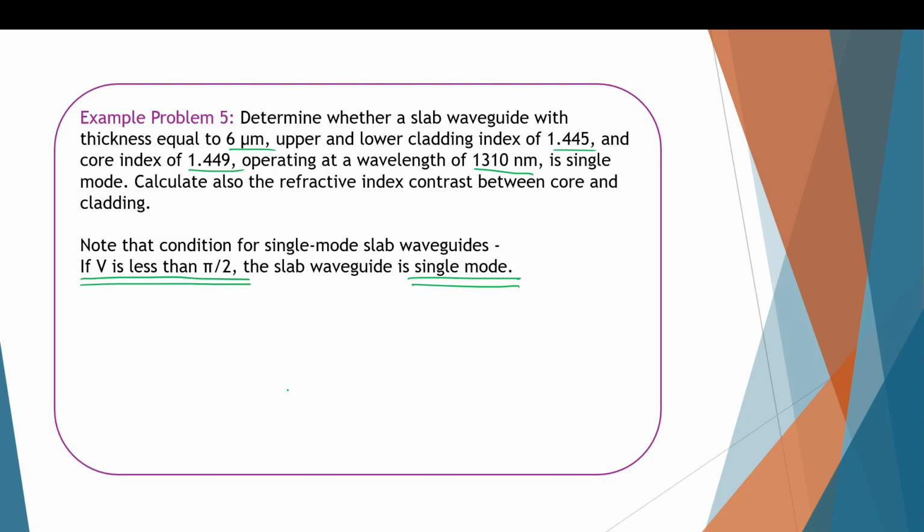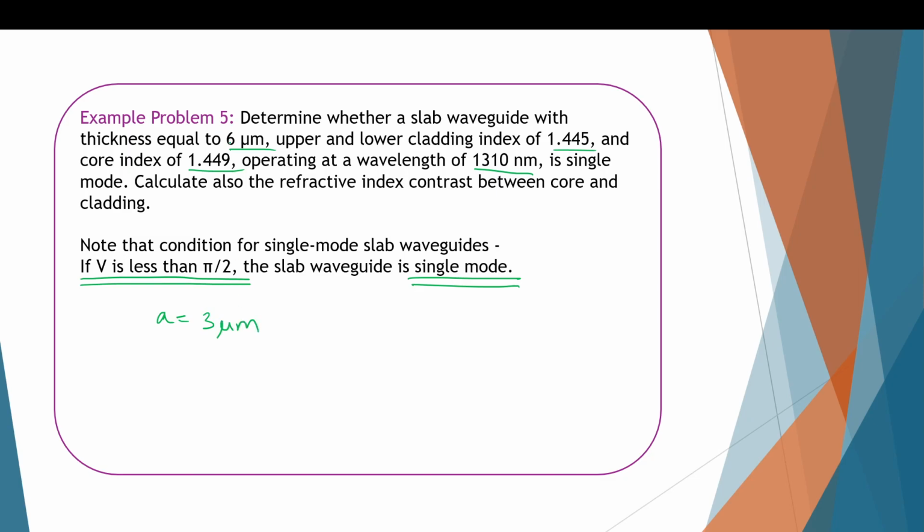The same thing that you did for the previous question, we have to do it here again. So just be careful here. A is not 6 micrometer but 3 micrometer.